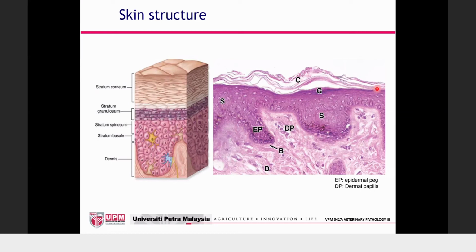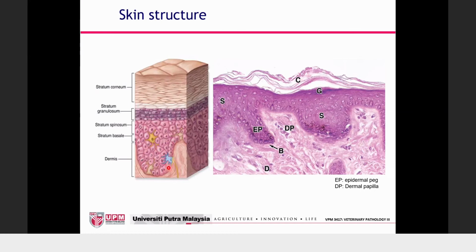And then the following stratum is known as the stratum spinosum. The name implies a spine, because if you look at higher magnification, you see spine-like structures that hold all the cells together. Those are actually desmosomes. The final layer is the stratum basale, which is responsible for producing new cells.